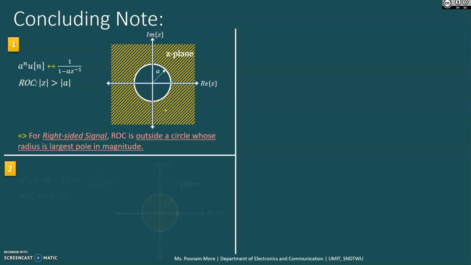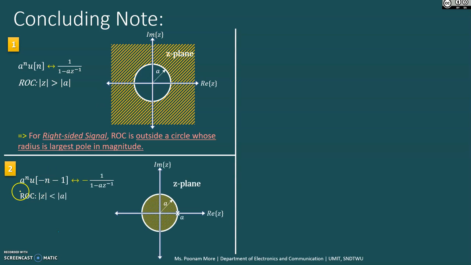Similarly, for the left-sided sequence, which we have expressed as a raised to n u of minus n minus 1, its ROC was inside the circle whose radius was the smallest pole in magnitude.